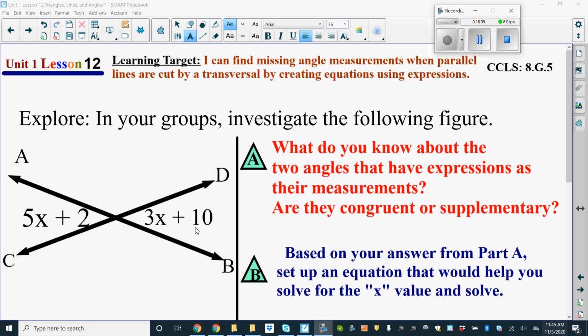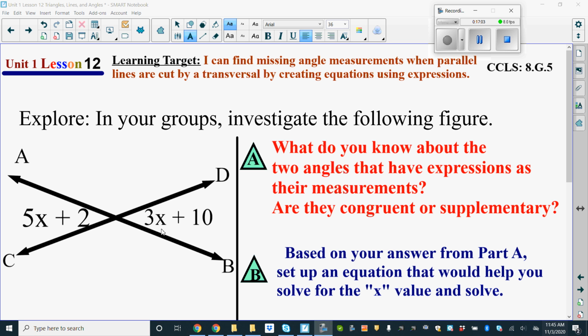So the issue now we're running into is we cannot solve for angles when they're given by an expression, because now we have a variable and we need to solve for that variable in order to determine and get the actual angle measurement.